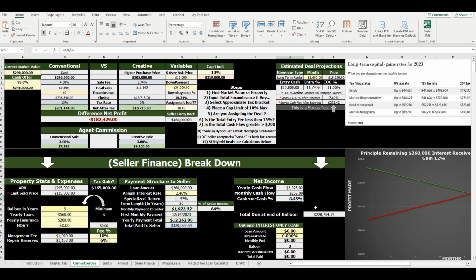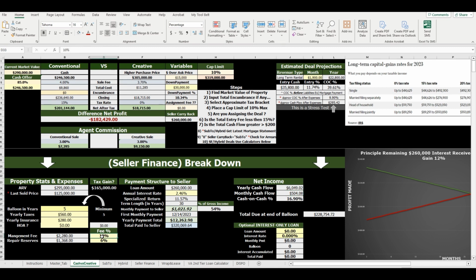Our cash on cash percentage is a little bit lower, at 8.45, but that's because we're using a pessimistic value of $1,600 a month. This property is probably going to go for $1,900 a month as a long-term rental. Now we're looking at a cash flow of $500 a month with almost 17% cash on cash return.